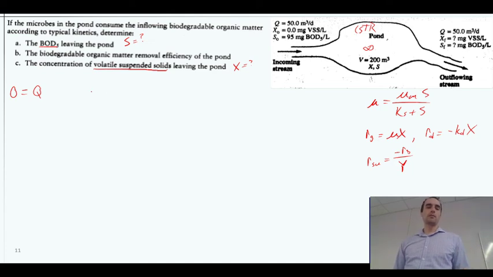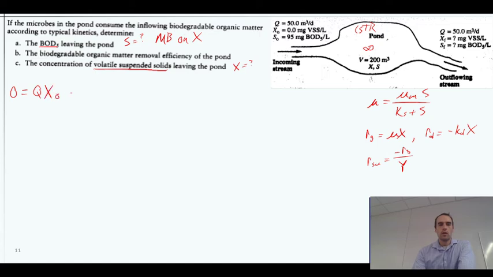If we do a mass balance on X first, then we get a term we can use for substrate. So we're going to do that. I'm not suggesting that you should have known to do this, but I did want you to think about how you are approaching it, to see if you could notice that.